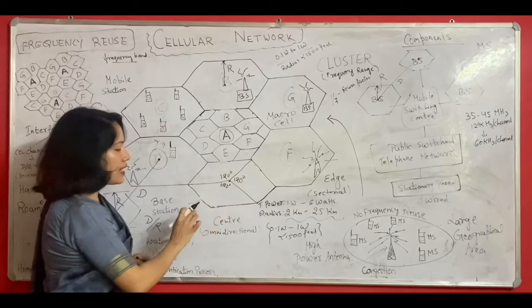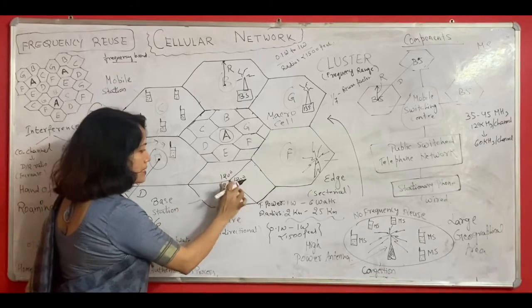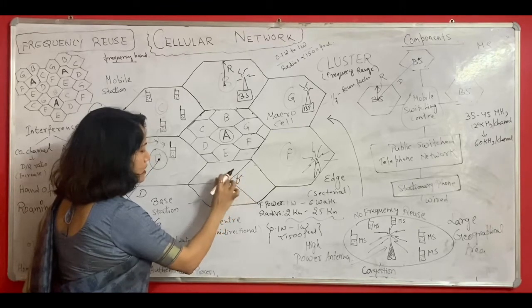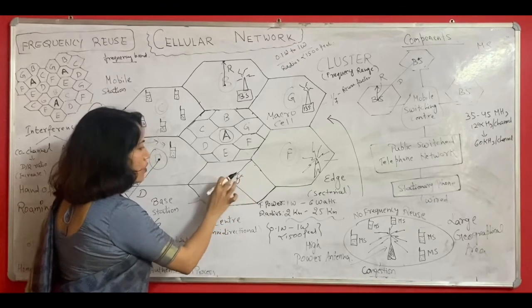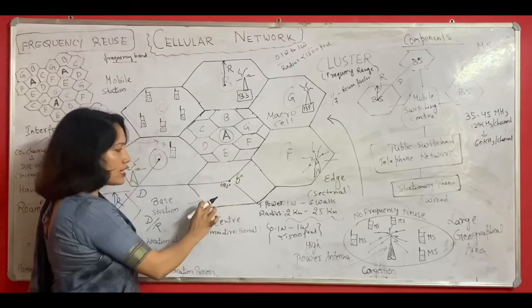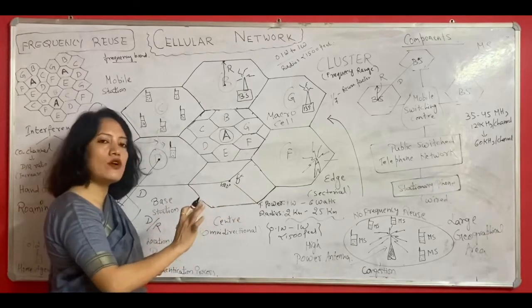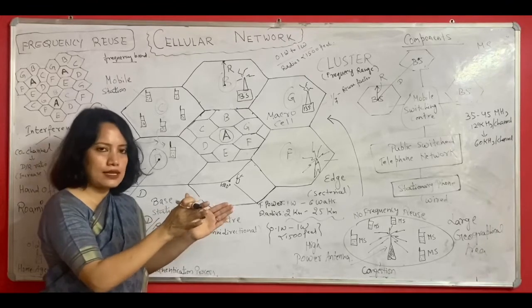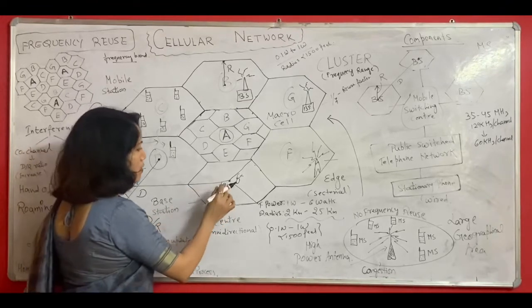each, and in each of the sectors we place a sectorial antenna. We call all those antennas which are placed at the corner or at the edge sectorial antennas, because they can serve only in a particular sector, in a particular direction, not in all directions.